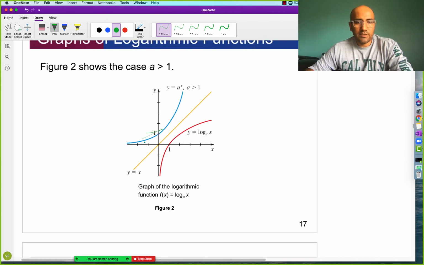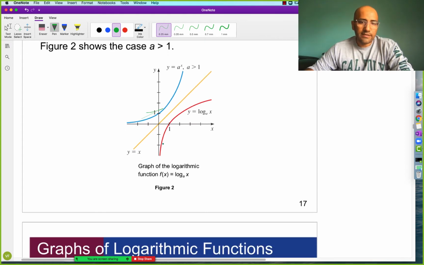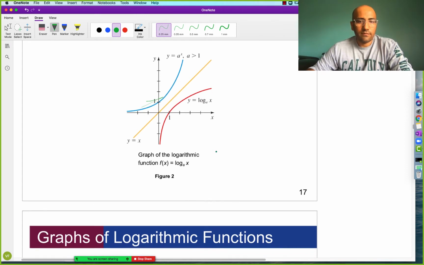This approaches 0 as x goes toward infinity. And so this one will approach the y-axis as x approaches 0. Right, so this red line is never going to be equal to the y-axis. It's never going to cross across the y-axis. It's going to get infinitely close as x gets infinitely close to 0. But x could never actually be equal to 0.